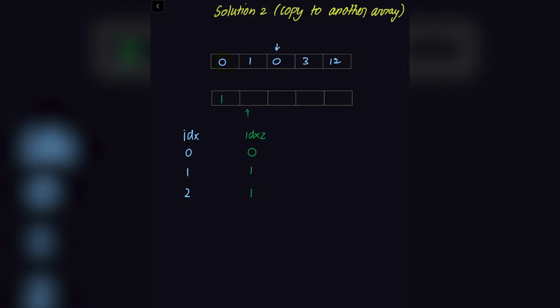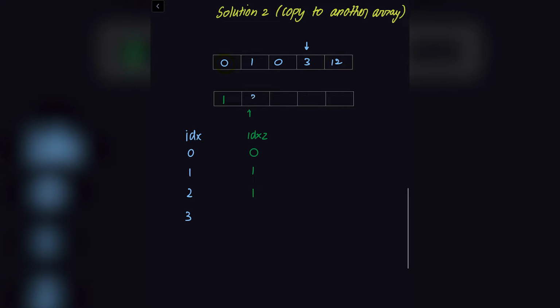On the next iteration, our idx would be at index 3, where the value is 3, which is not equal to 0, so we would copy 3 into the new array, and we would increment idx2 again by 1. Now, on the final iteration, when our idx will be on index number 4, the value is 12, which is again not equal to 0.